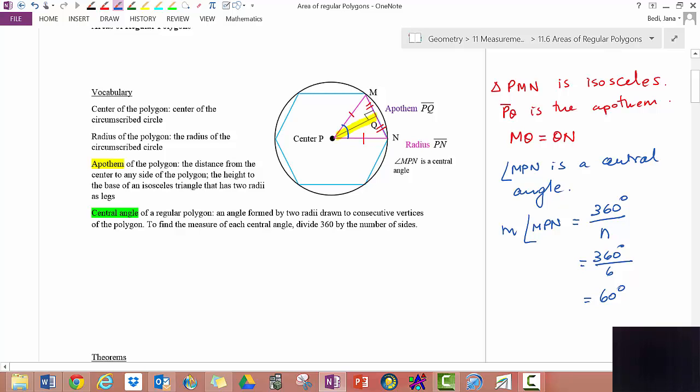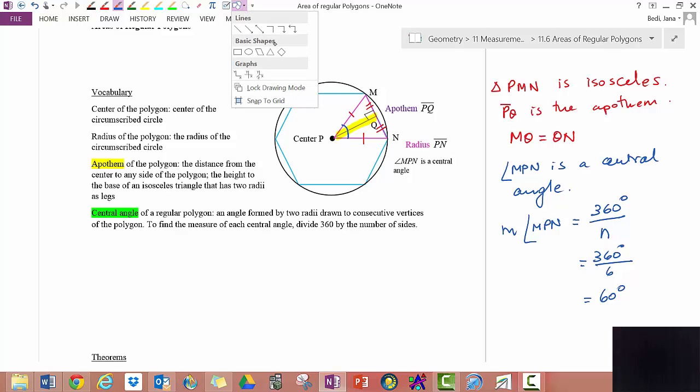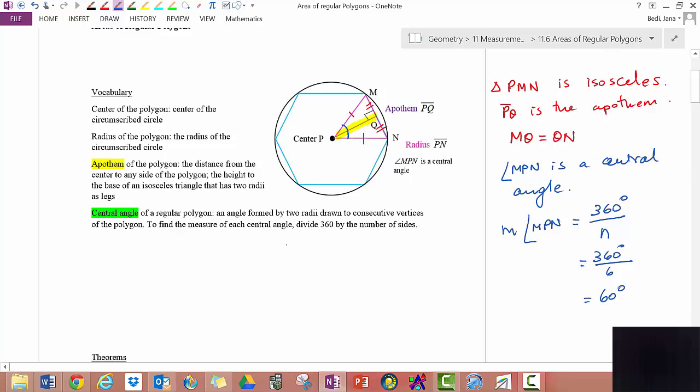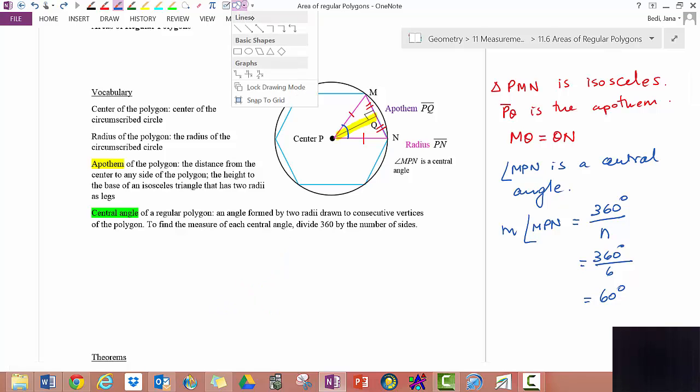Okay, that is all very well. So very quickly, let me go ahead and draw that triangle over here. Well, that didn't work too well, did it? So let's try again.